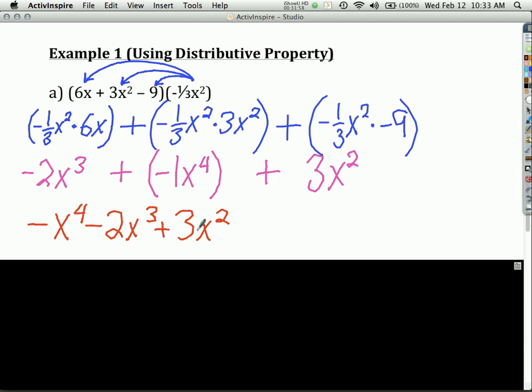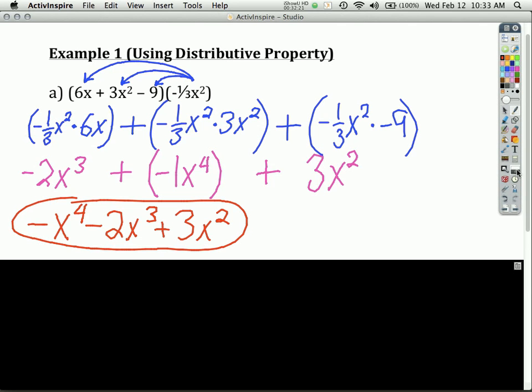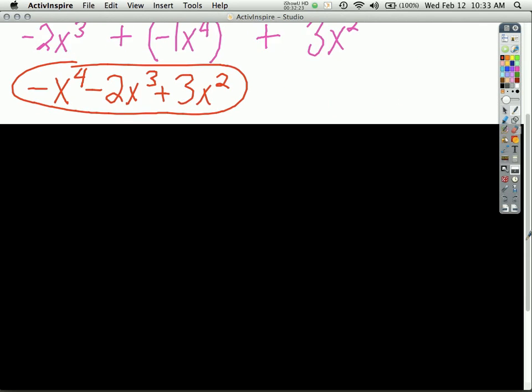I'm sorry, the bases are the same, but they have different exponents, and when you're combining like terms, it all has to be the same, and so that is the result. Comments, questions, concerns? Okay? No comments, questions.